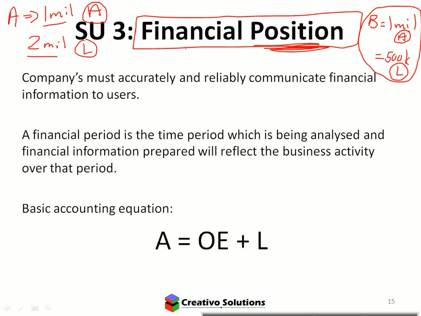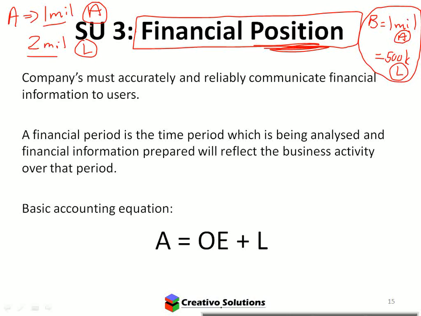So financial position is actually a very easy concept to understand because just think about your assets and your liabilities. The difference is going to tell you if you're in a good or bad position. People that are in bad positions are people that are in debt, that have more liabilities than assets. People that are in good positions have more assets compared to their liabilities.